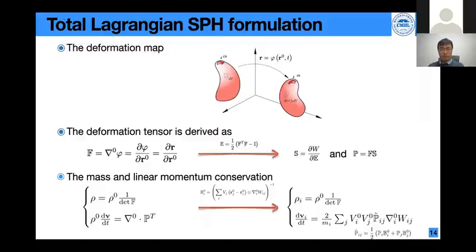Having these two stresses, we can have the mass and linear momentum conservation of this equation. And then by introducing a kernel correction, we can have the SPH discretization of this governing equation in this form. Again, we have an inter-particle averaged Piola-Kirchhoff stress, which means that momentum conservation is ensured.